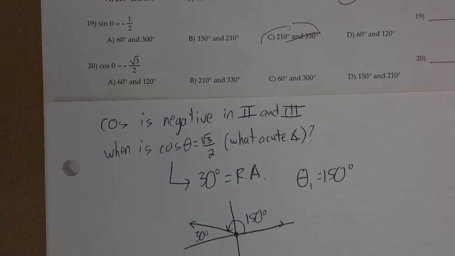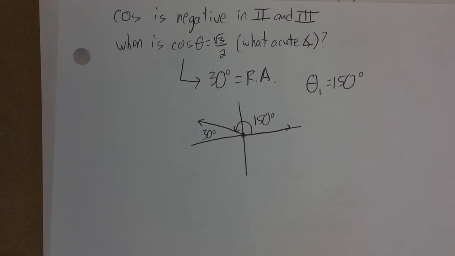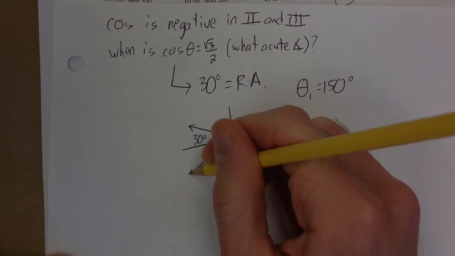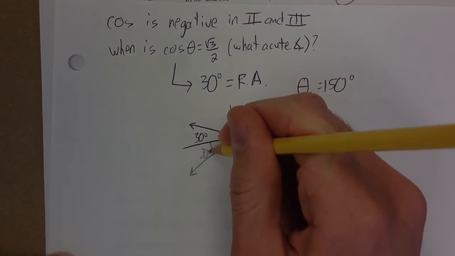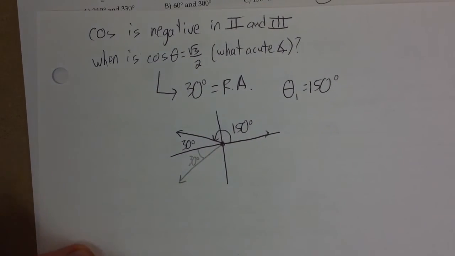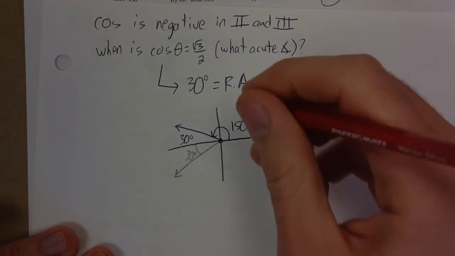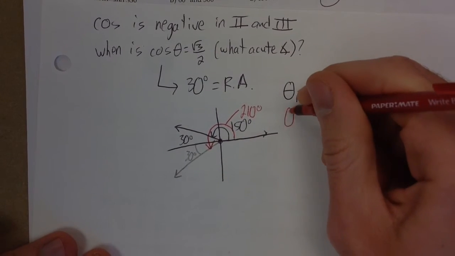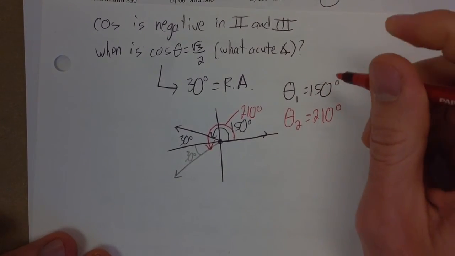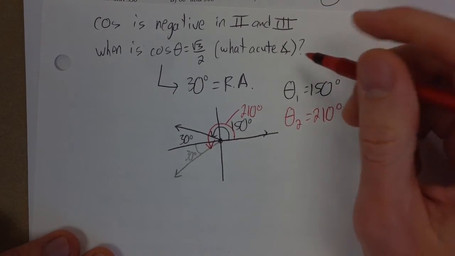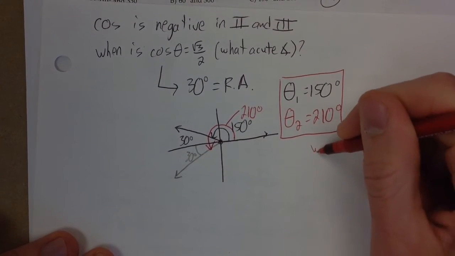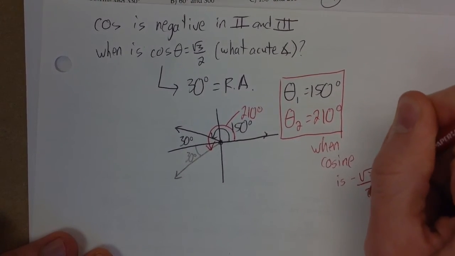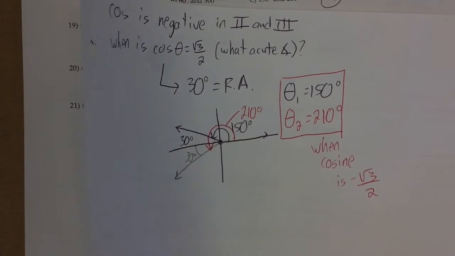Very good, 210. So that's your second answer. That's when cosine is negative root 3 over 2. Okay. Any questions on 20?